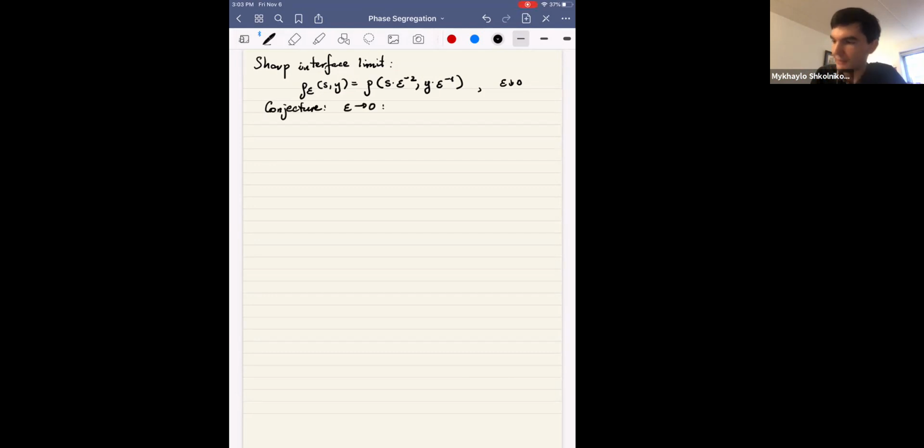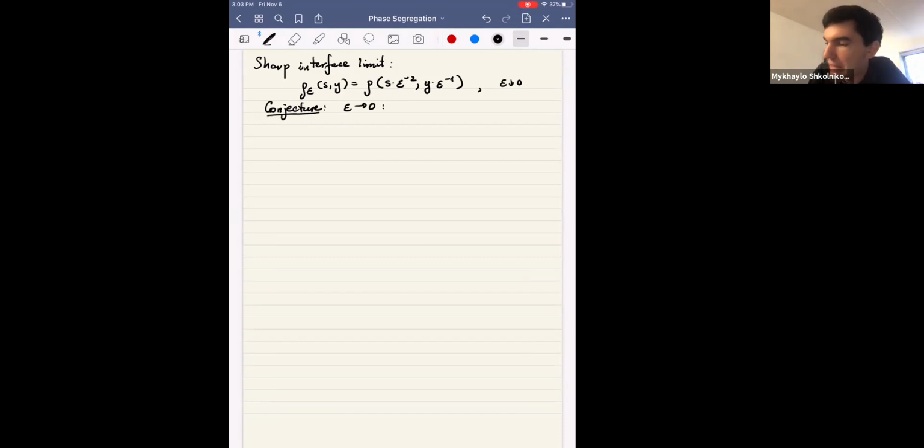So you zoom out further and further. You're supposed to see now a sharp interface emerging, this interfacial region shrinking down to a point. And what you want to know is how does this shrunk region, this point, move in time.